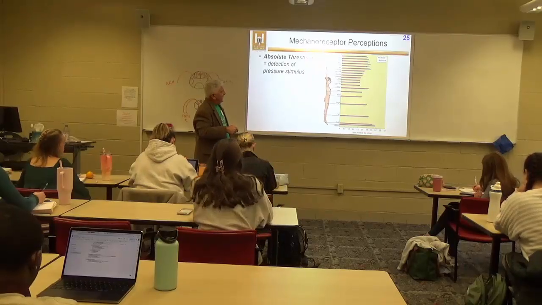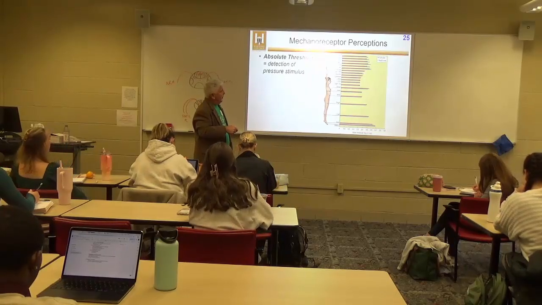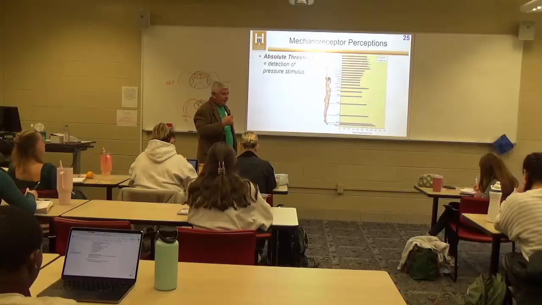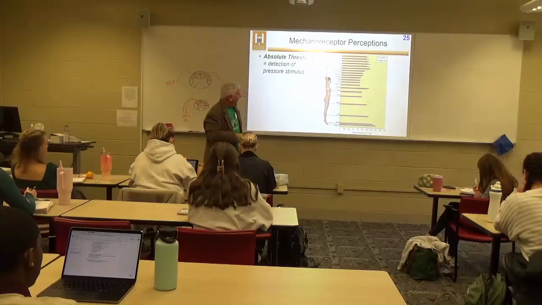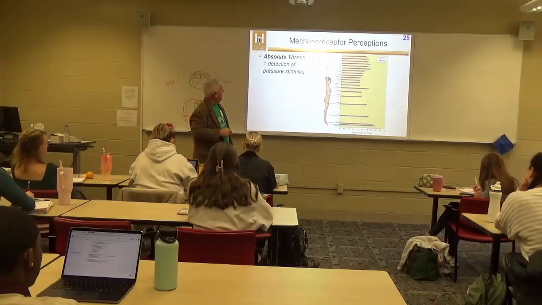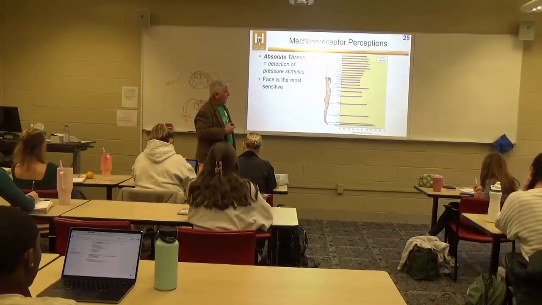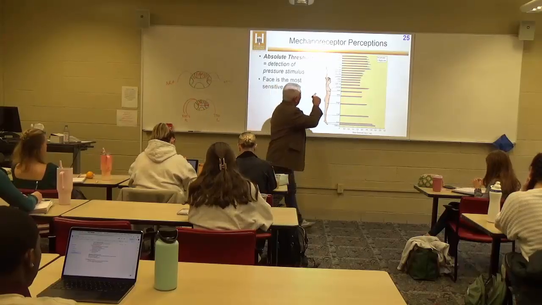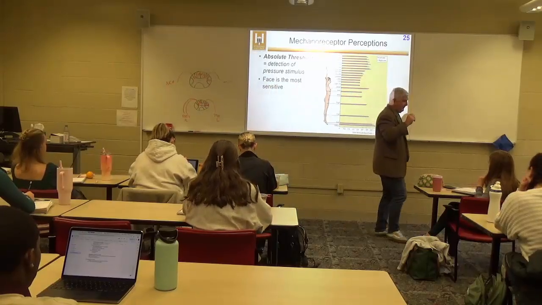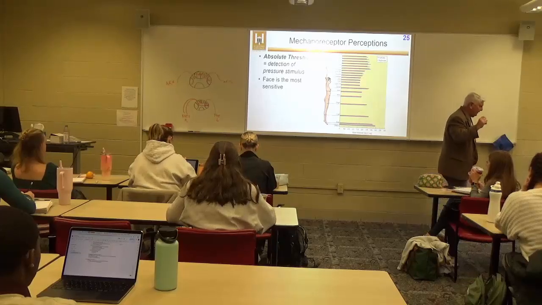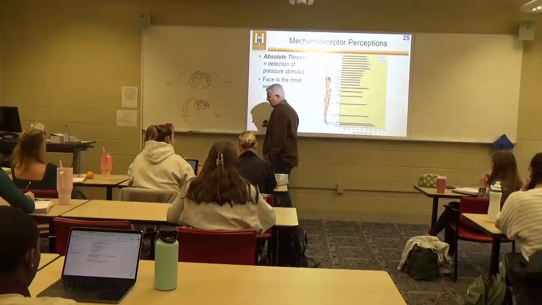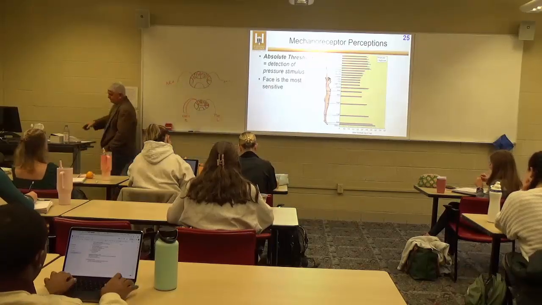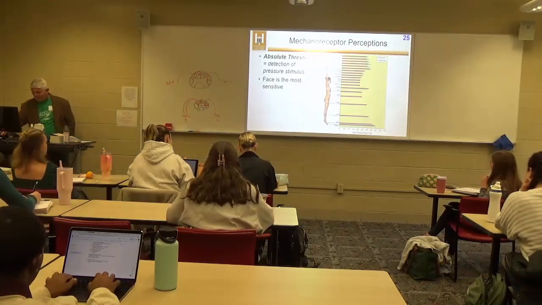We have the lowest absolute threshold for our face, the highest for those other areas of the body, right? The other threshold that I showed you before was a discrimination threshold. Should have made that point better. Let me go back to that slide.